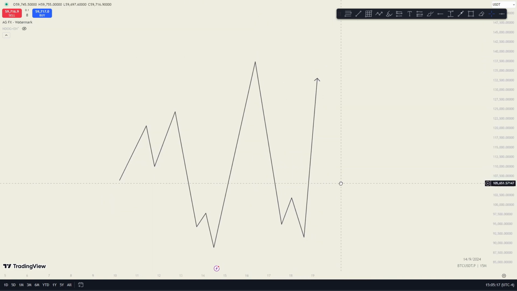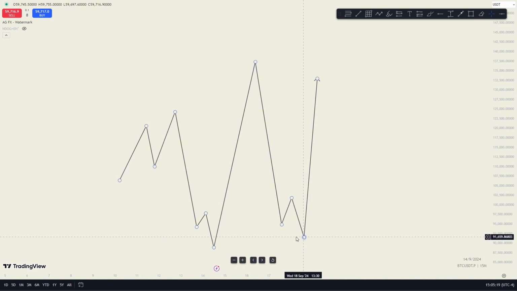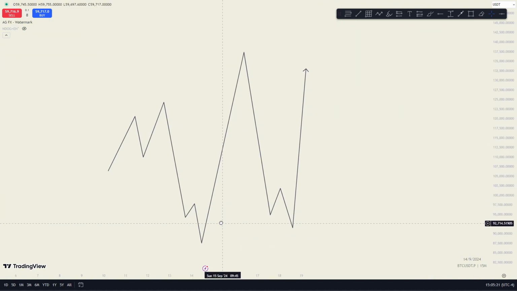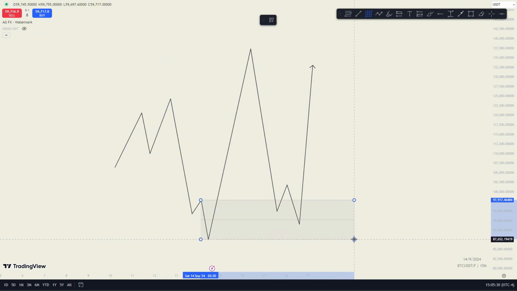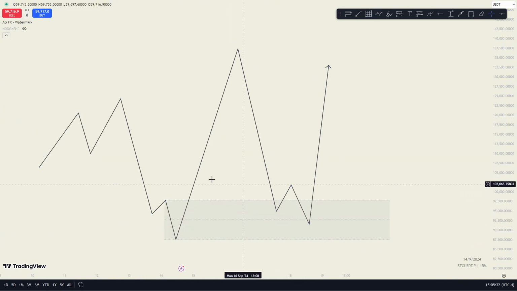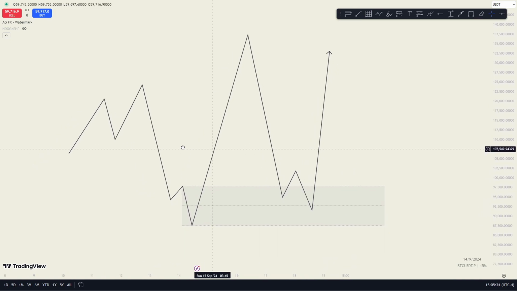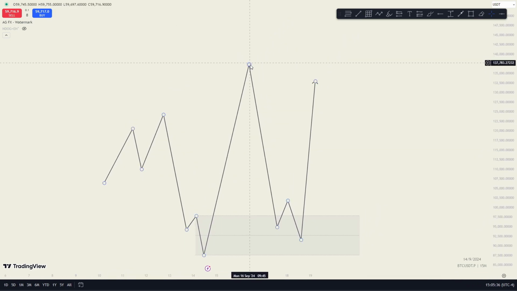Now I want to talk about trading origins of the move. So I think from the name it's obvious that it's a zone that has started a move. In this case, it's this one. When we come back down to the origin of the move, I always want you to wait for a sweep.